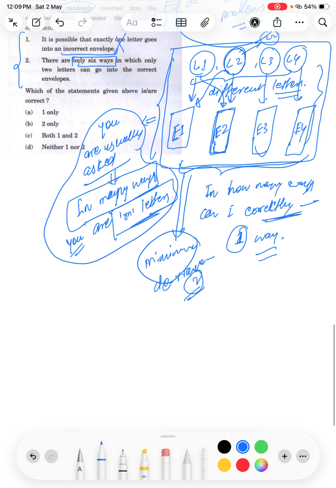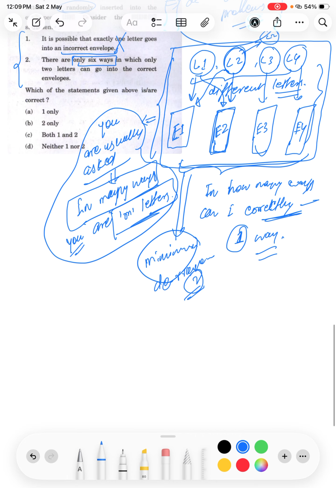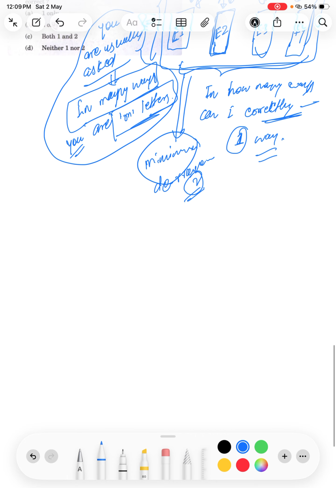Coming to the second statement, there are only 6 ways in which only 2 letters can go into correct envelopes. So we have letters as L1, L2, L3, L4, envelopes as E1, E2, E3, E4, right?